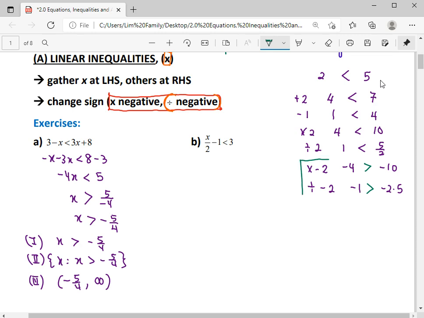So from here, I hope you can understand why when we times negative and divide negative, that is the reason why we change the sign, because the status of the inequality does not hold anymore for negative times and divide negative value. So dia sudah bertukar status dia. Okay.